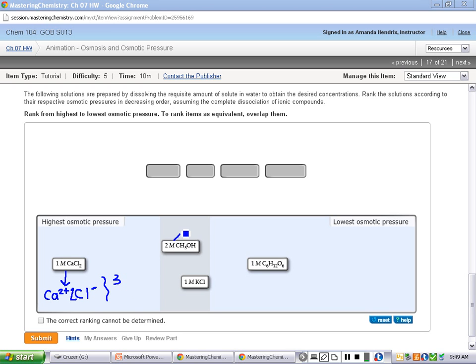Then we have 2 methanol because it doesn't dissociate, and we have K+. Our potassium chloride dissociates completely, but we just have 2 particles present, just like we do with our 2 molar of methanol. And then for our C6H12O6, we just have 1 because it does not dissociate.